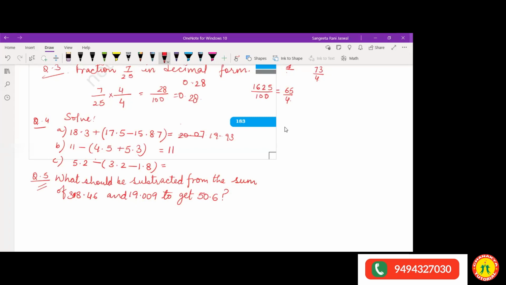So solve the bracket first. So 5 plus 3 is 8, and you get 9.8. Now you can do 11 minus 9.8, and you will get 1.2. Understood now? Whatever you have inside the bracket, first you must do that.